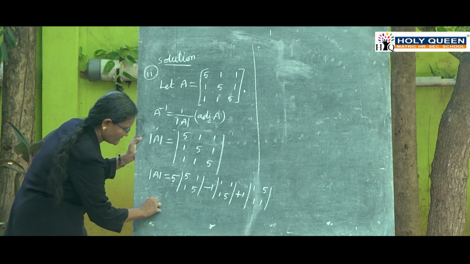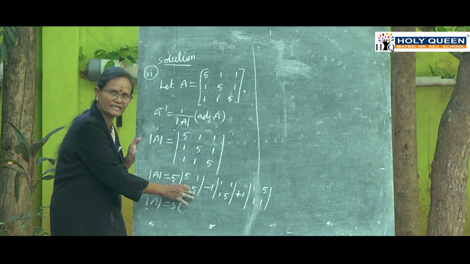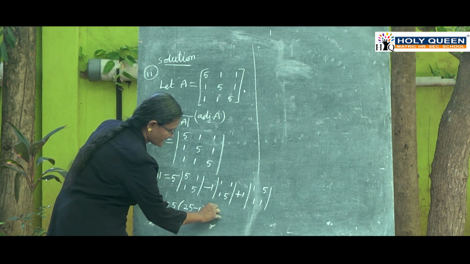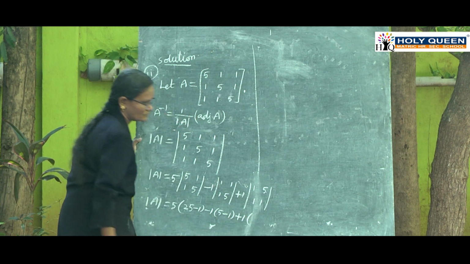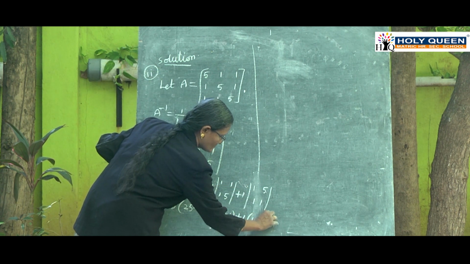Now, determinant value of A is equal to 5 into the product of the leading diagonal elements: 5 fives are 25, 25 minus 1, minus 1 into 5 minus 1, plus 1 into the product of the leading diagonal elements 1 minus 5.